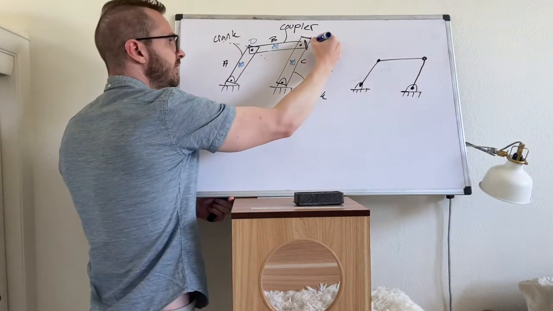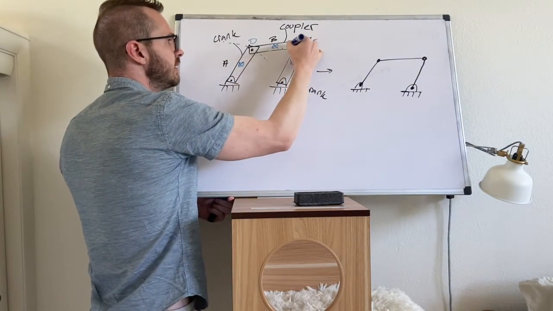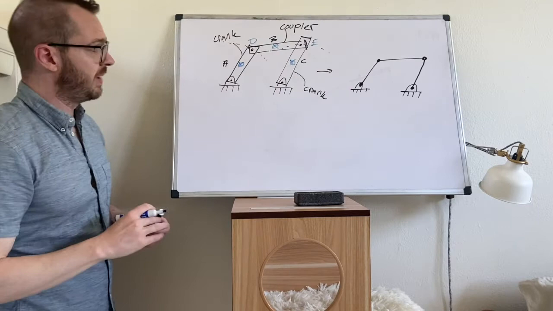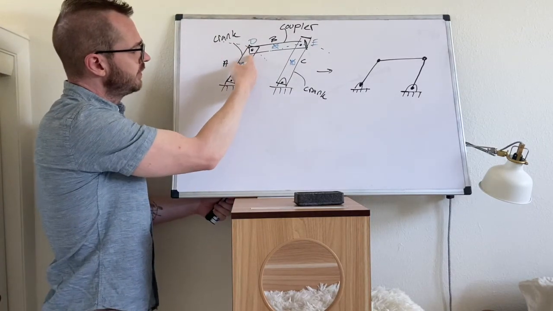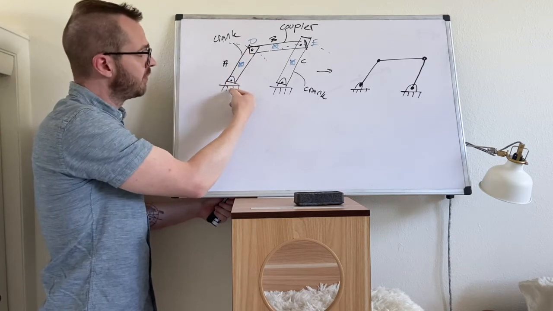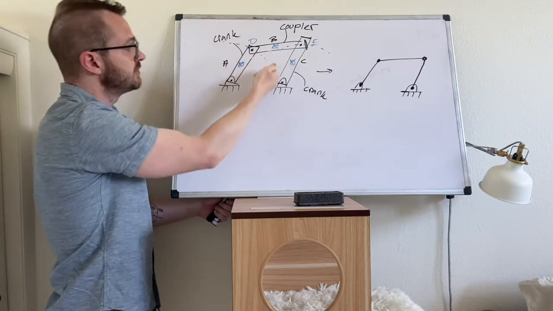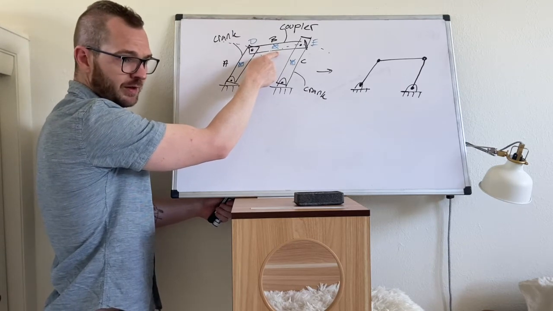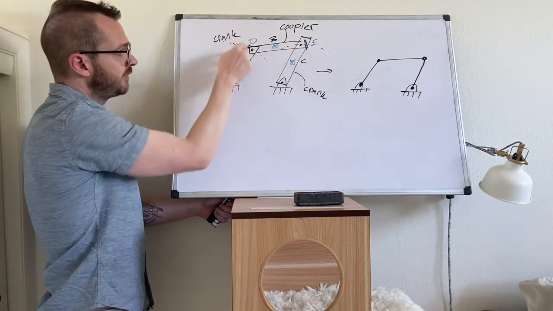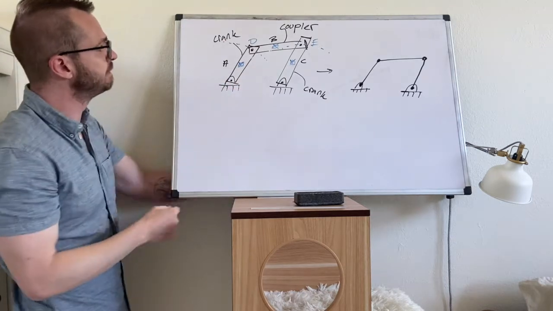If this is point E, then E will also follow the path of a circle. As A moves, point D is connected to both body A and body B, which means as A moves and D moves, it's going to take body B with it. So body B also has to follow in some way the motion of A.